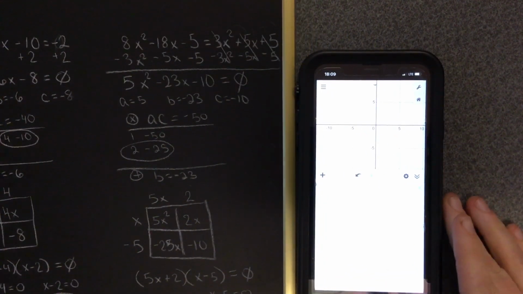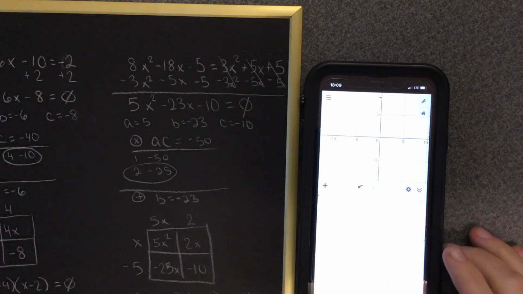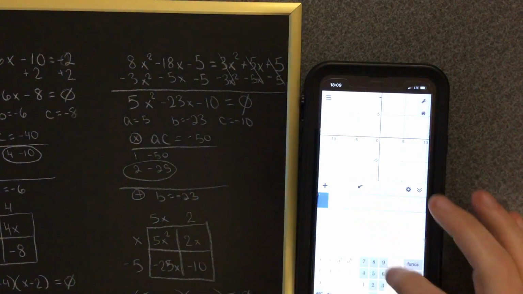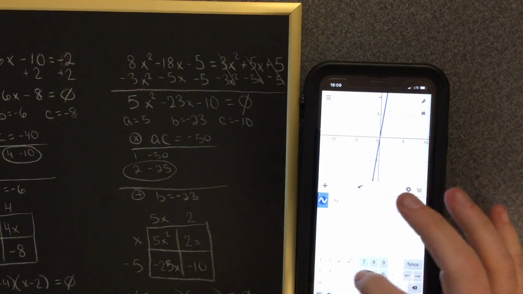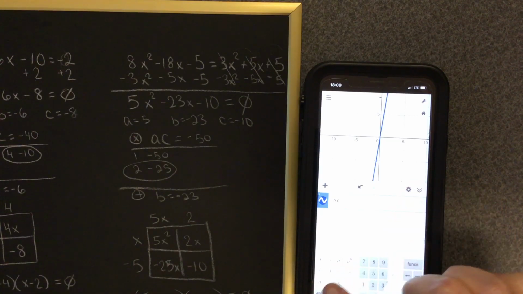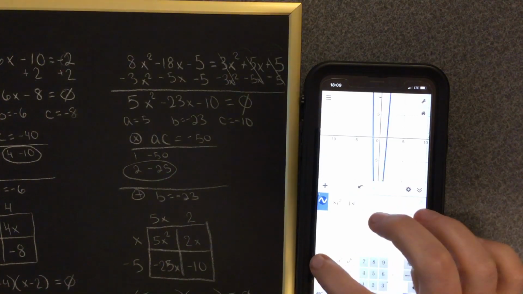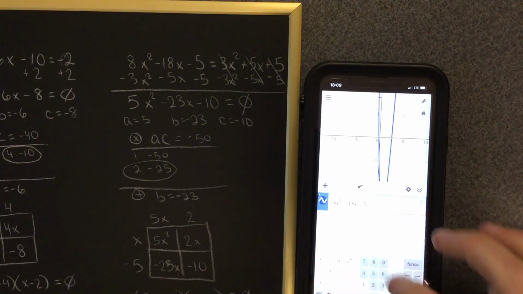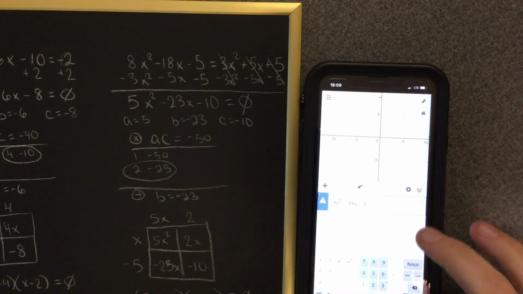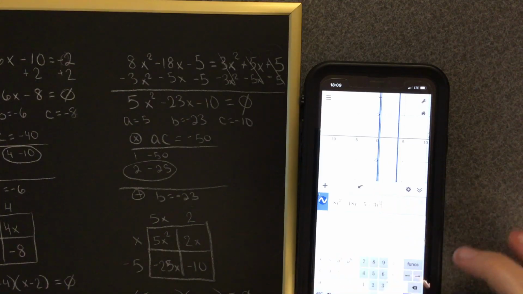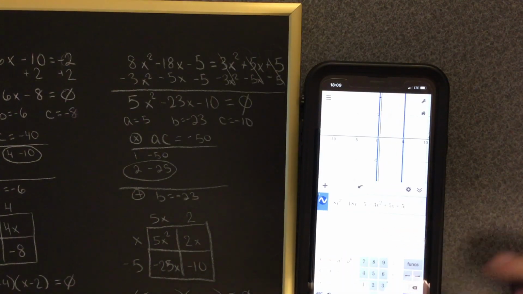So here's my Desmos on my phone. If I put in the problem exactly as it's given, 8x squared minus 18x minus 5 equals 3x squared plus 5x plus 5.